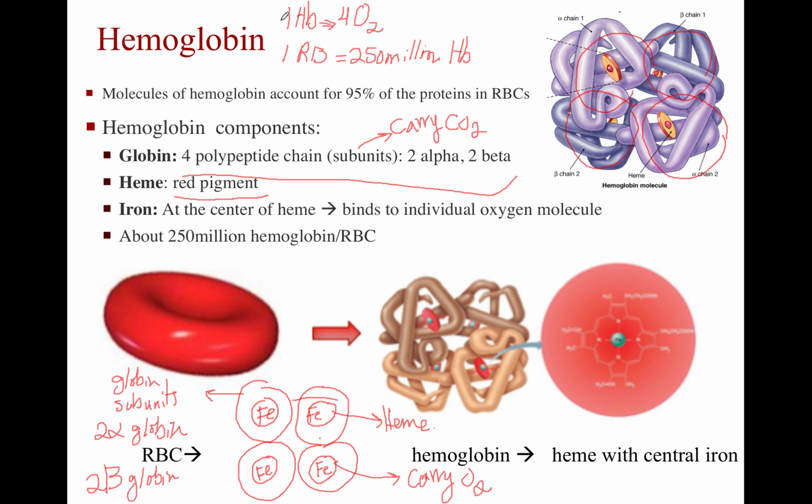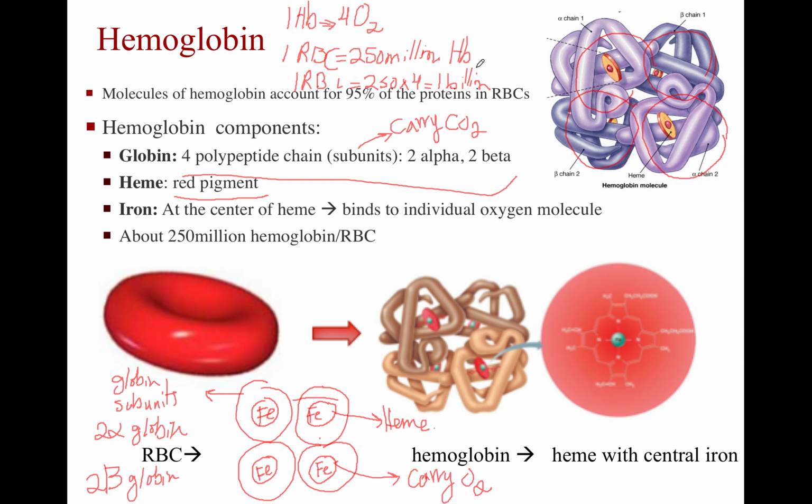So, if one of these hemoglobin carries 4 oxygen, in 1 red blood cell, I will carry what? 250 million times 4, which becomes 1 billion oxygen molecules per red blood cell.